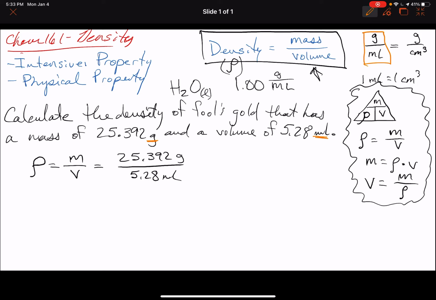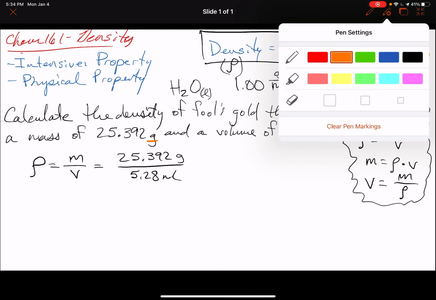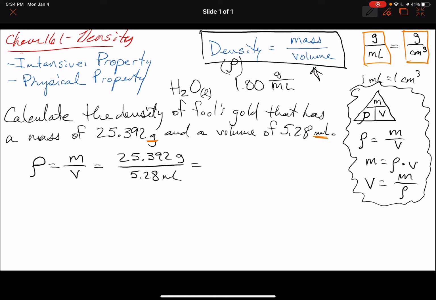So most density values are reported in grams per milliliter or grams per cubic centimeter. So that will be how we approach this problem, to make sure that we report out an answer in grams per milliliter. Okay, so if you punch away on the calculator, you'll see here that this turns out to be 4.8090909 grams per milliliter as our answer.